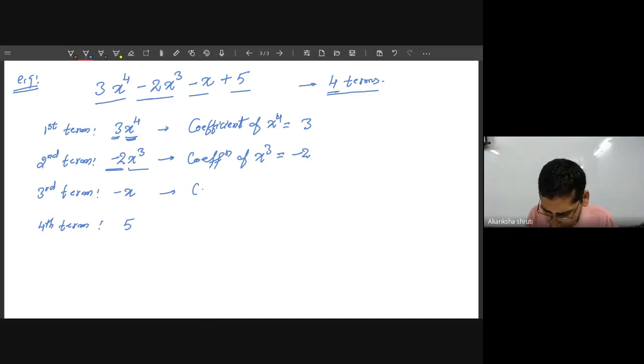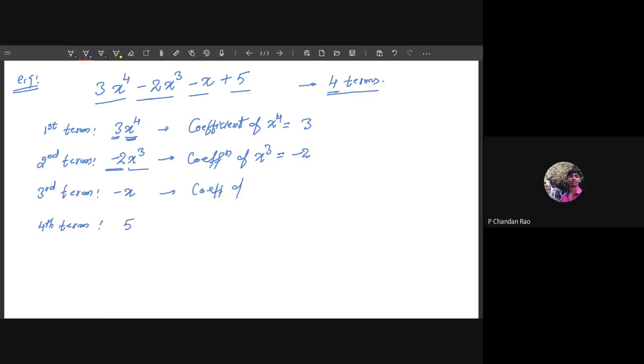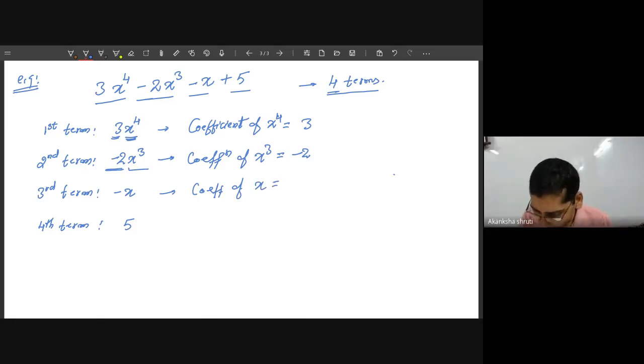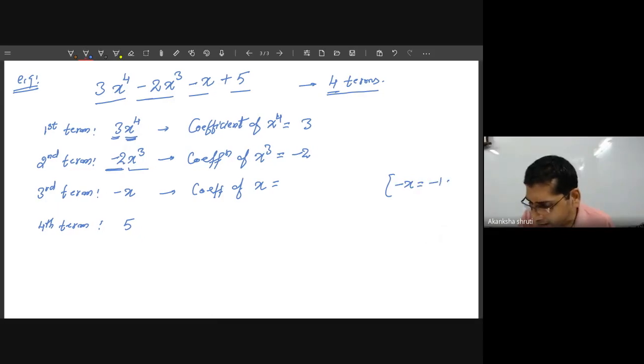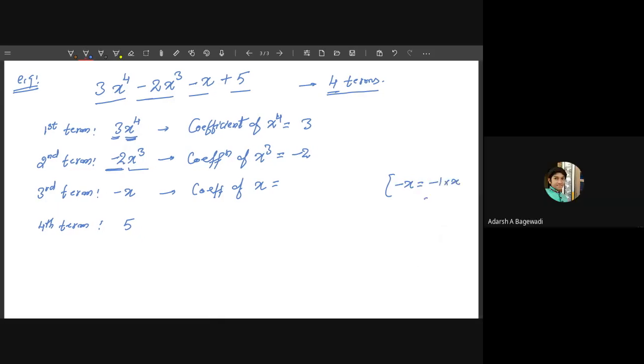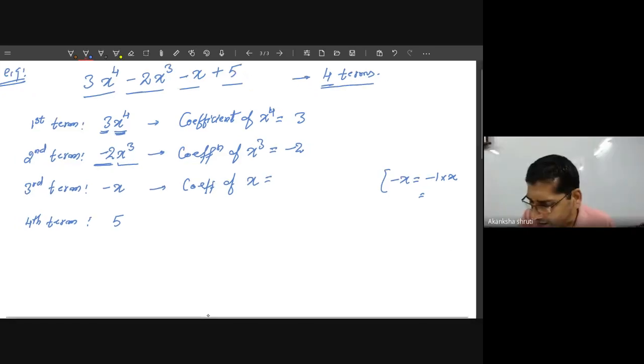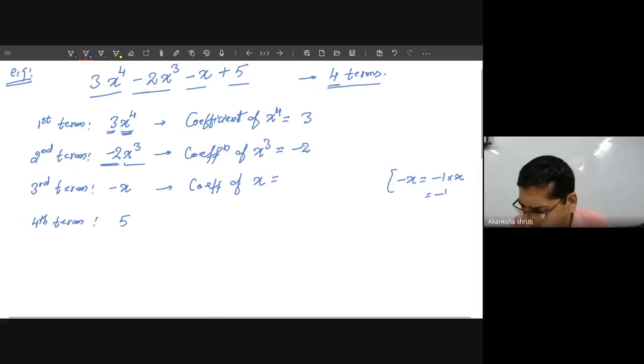Now the coefficient of x, others will tell this. Minus 1. Coefficient of x is equal to how much? A student, I had already explained. Minus x means it is minus 1 multiplied by x. Minus 1 is simply not written. So it is basically this one.